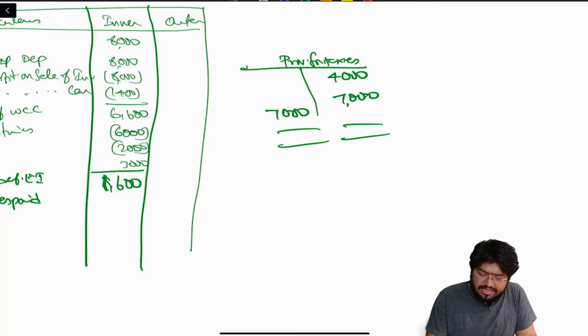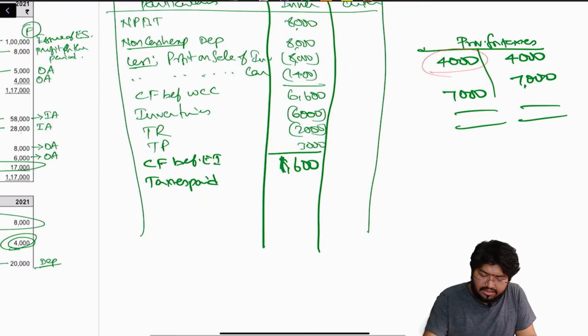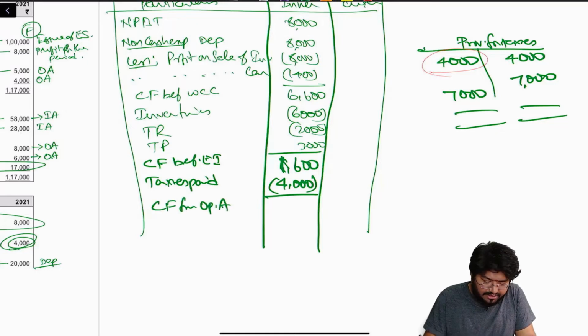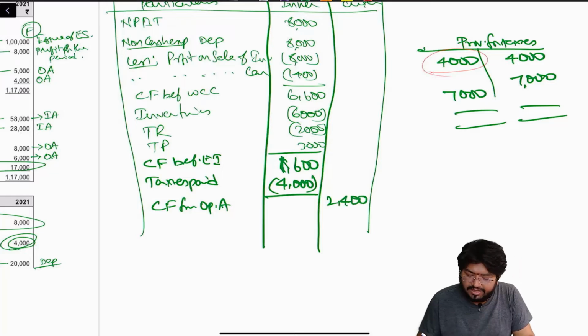That means the amount of tax which is paid in the current year is 4,000. So this is basically your tax payment. So you can consider 4,000 here. And finally what you get is cash flow from operating activities to the tune of 2,400. It is negative, by the way.